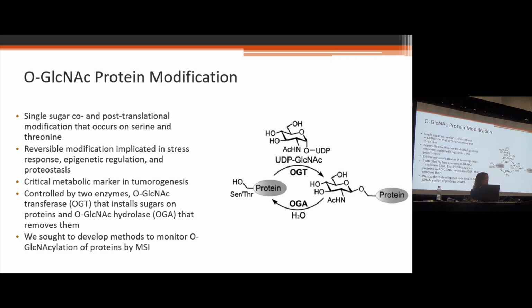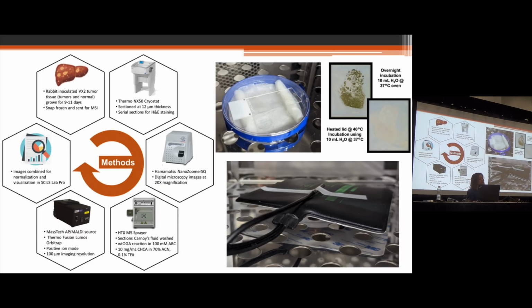So there are 2 enzymes involved, one that puts the sugar on, O-GlcNAc transferase, and one that removes the sugar, O-GlcNAc hydrolase, which I'm going to refer to as OGA through the rest of this talk. So we wanted to come up with a method to analyze where these O-GlcNAc modifications were located on proteins in tissue.